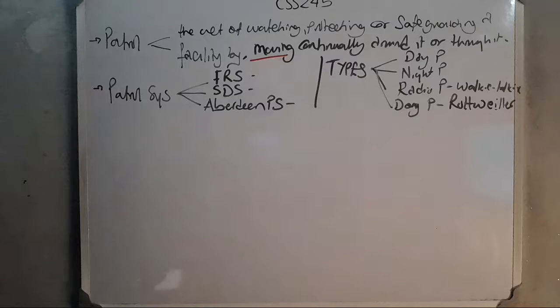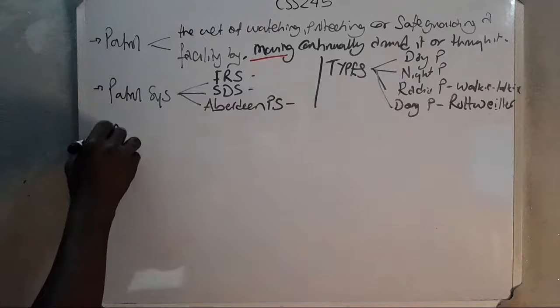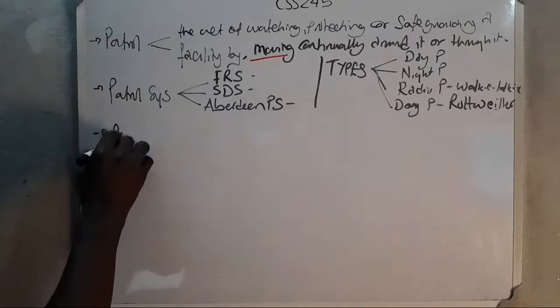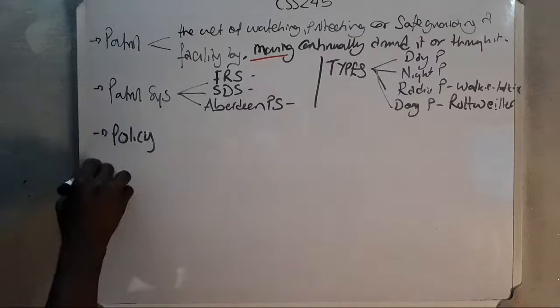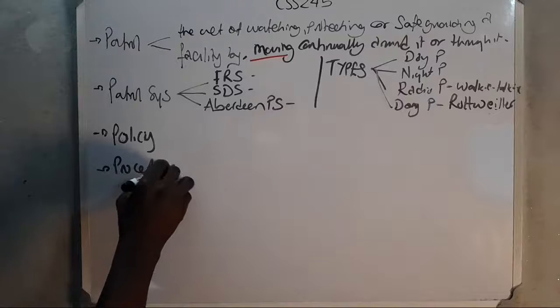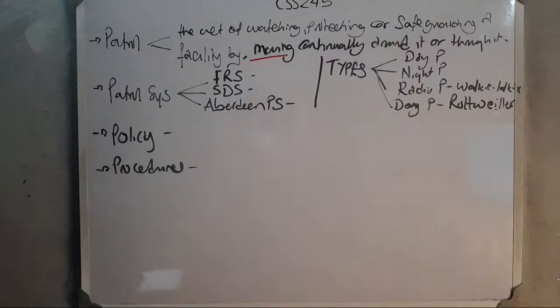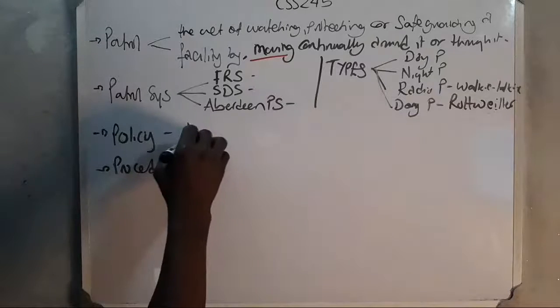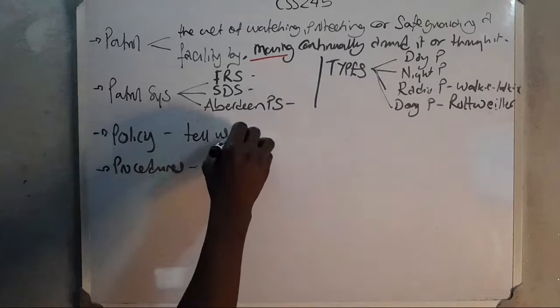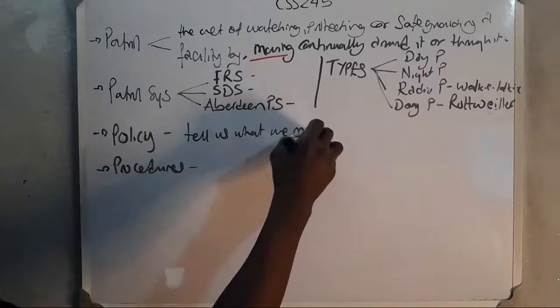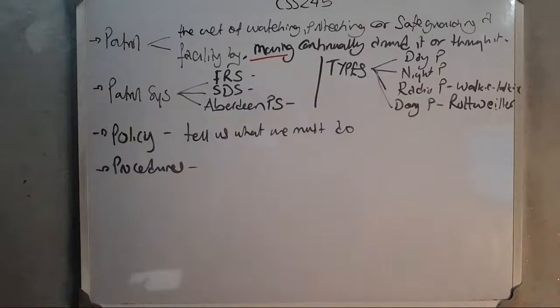Now, there's something we should understand about policy. Policies tell us what we must do, and they differ from procedures. Policy tells us what we must do, while procedures are intended to define how the activities are to be carried out.